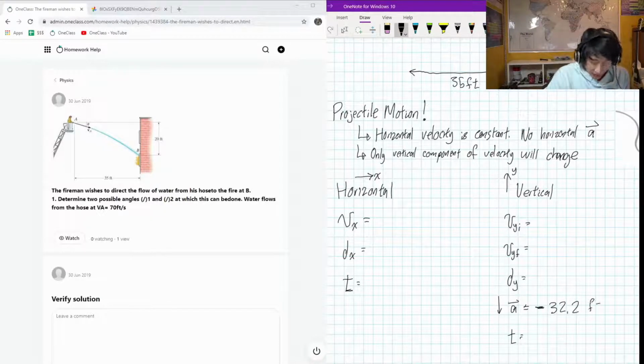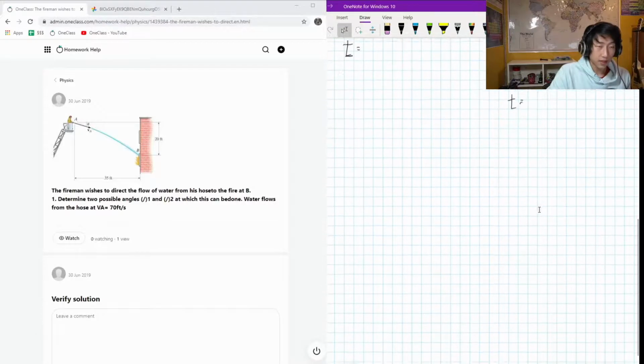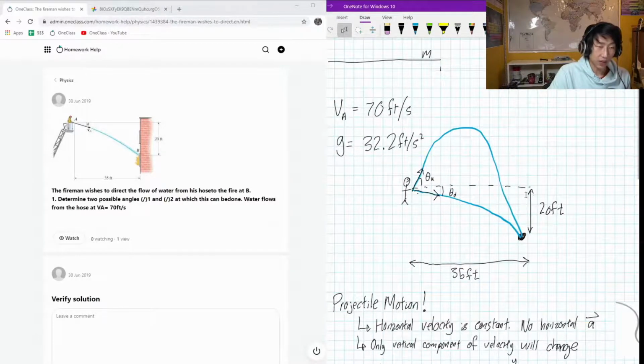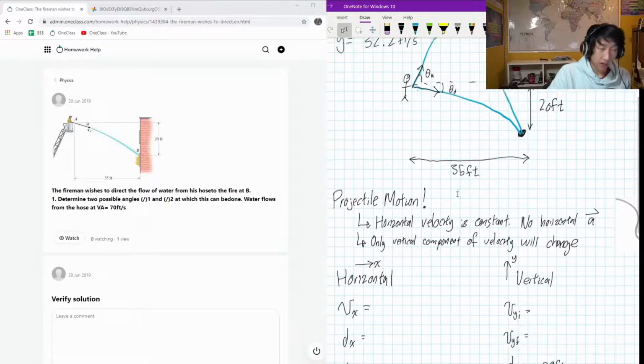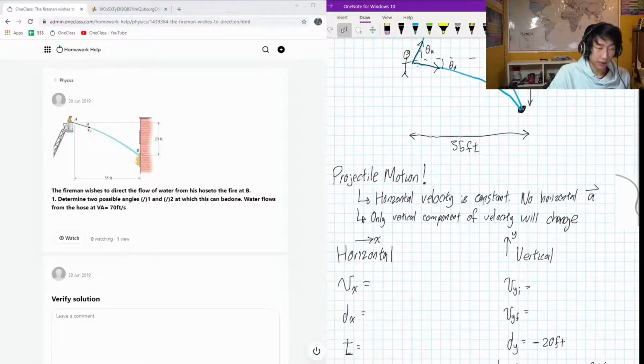I'm from Canada, so we use meters over here. Our distances are given to us from the diagram. So our vertical distance is minus 20 feet, and our horizontal distance is positive 35 feet.